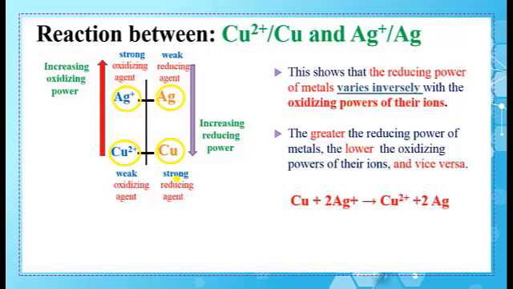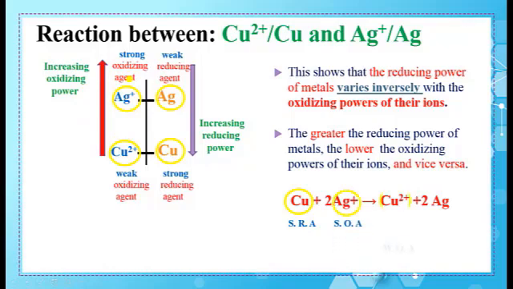For example, in the reaction between copper Cu and 2Ag+ silver ions, which gives Cu2+ plus 2Ag. Look at the axis. Cu is a strong reducing agent. Ag+ is a strong oxidizing agent.